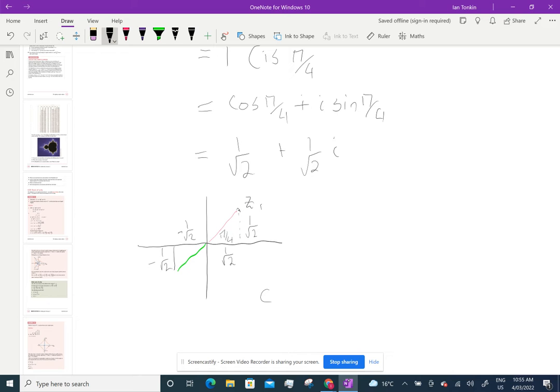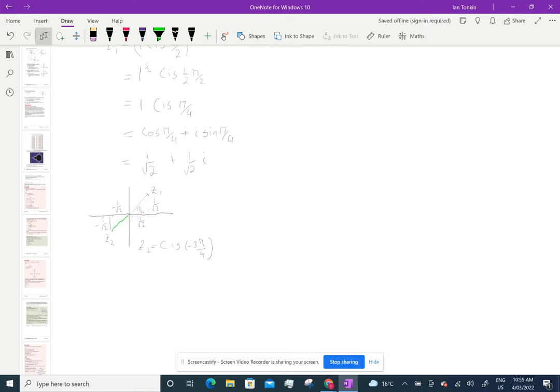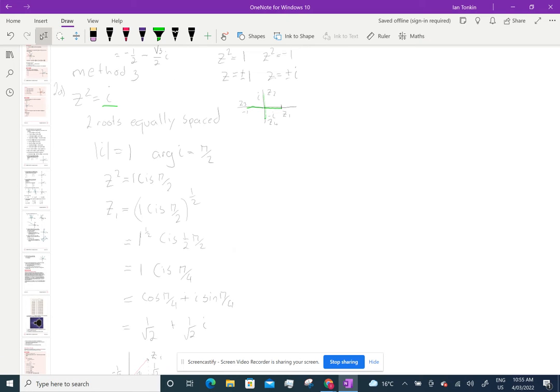So the other root, z₂, which is this one, equals cis(-3π/4), because you know that they're equally spaced, and you just go 180 degrees, or π, around, and you go, oh, there it is. So that is the graphical method for doing those.